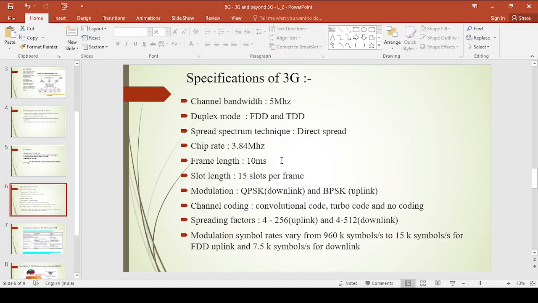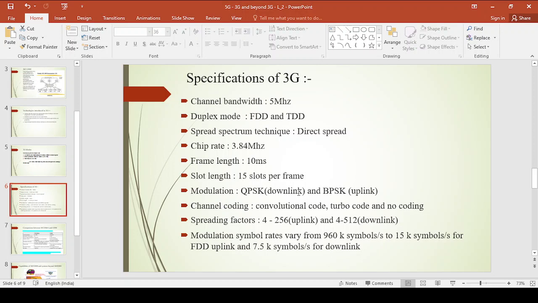These two are interrelated, frame length and slot length. First the channel is divided into a number of frames, and each frame internally contains slots, right? The frame length is 10 ms, and each frame will contain 15 slots, which is the slot length.